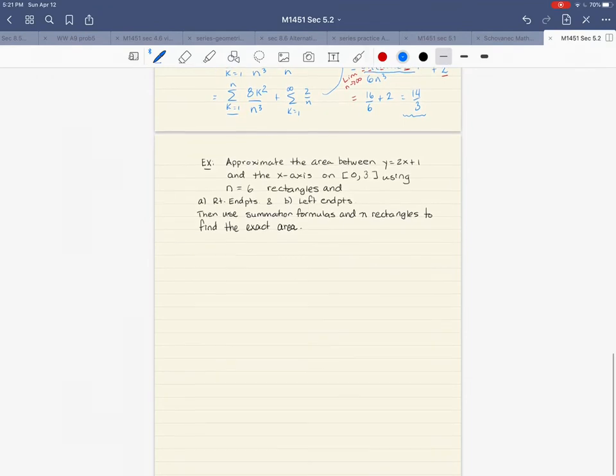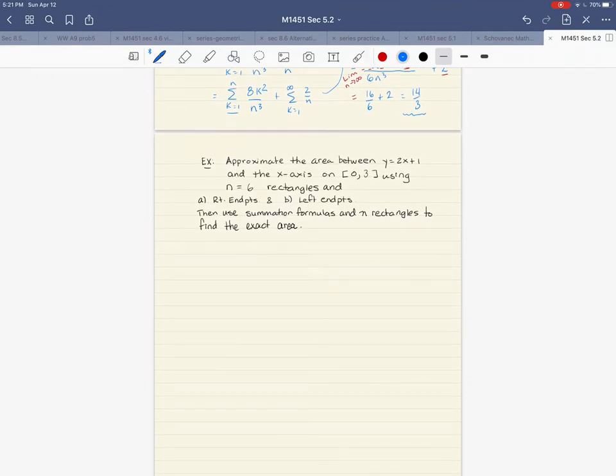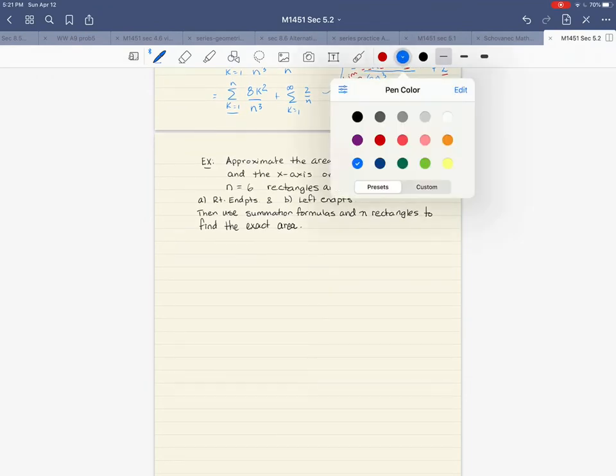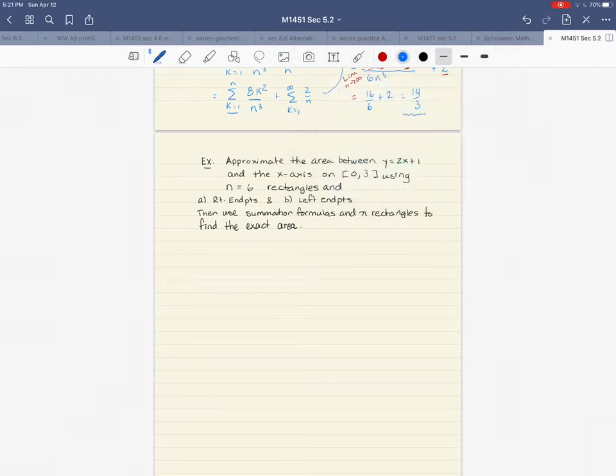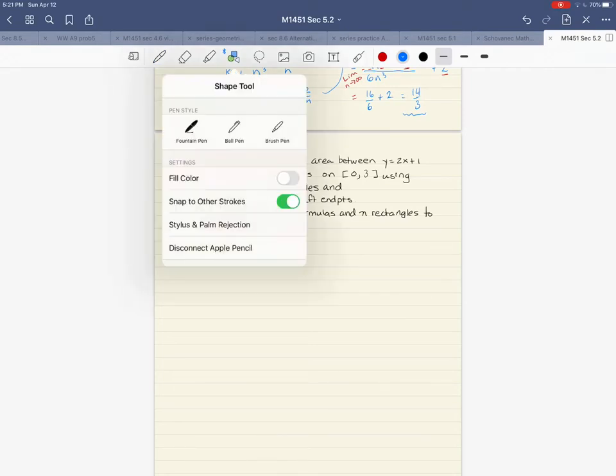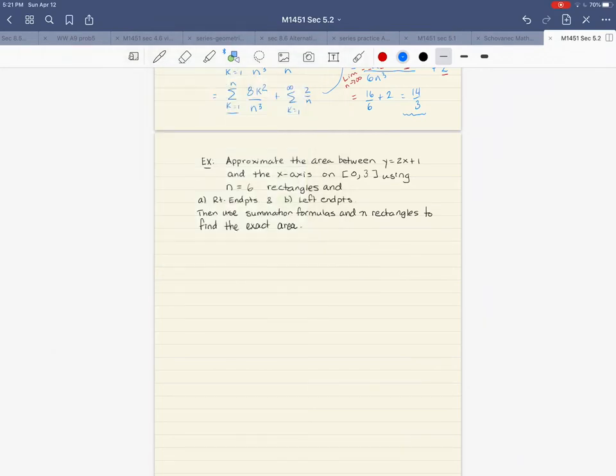All right, so let's use it again. I'm going to first do it little by little. Here is just a straight line, so let's graph it. Two x plus 1.